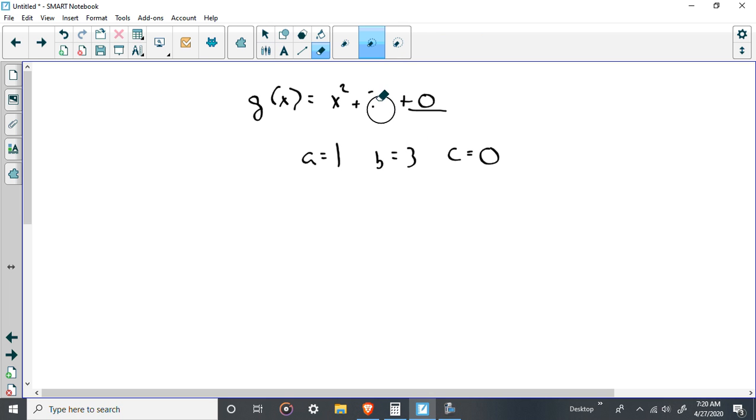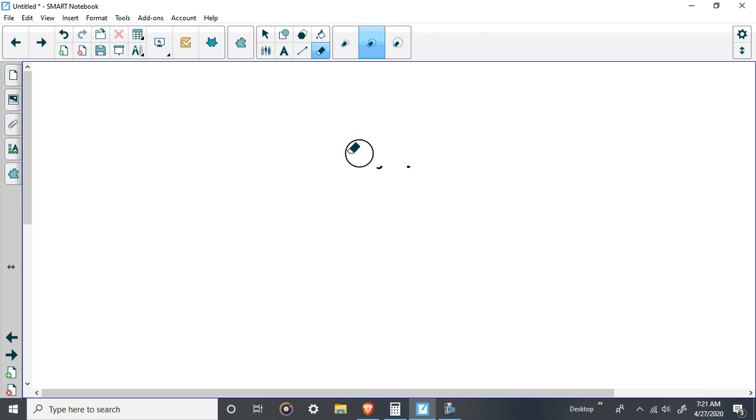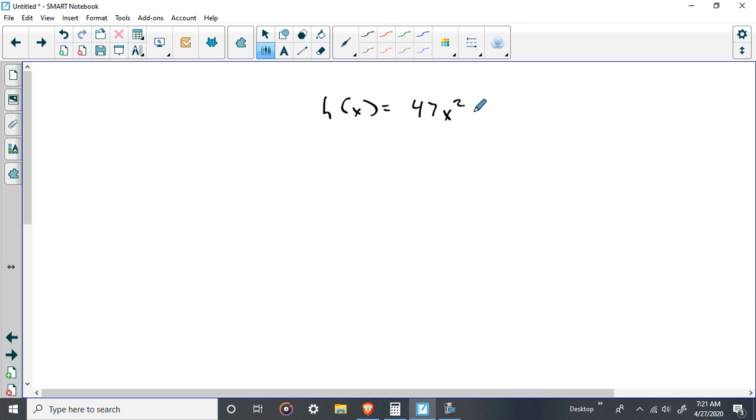What if I gave you, I don't know, h of x is equal to 47x squared plus 2, let's just say for that? Well, in this case, a is 47. Now, this right here, this is c.